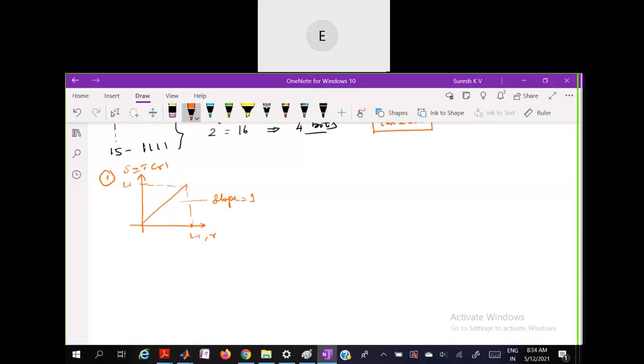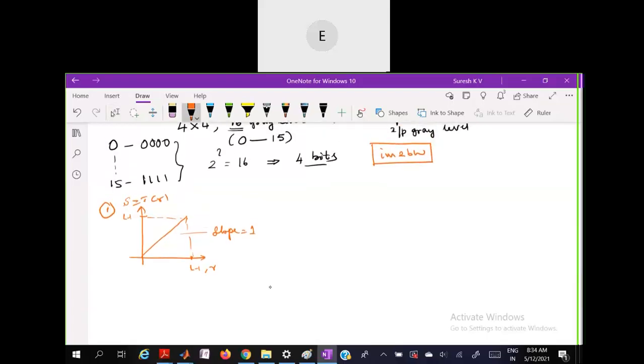What do you think will happen? Can you tell me the equation for this straight line at least? Your y-axis is S, x-axis is R. What is S in terms of R? What is the equation?